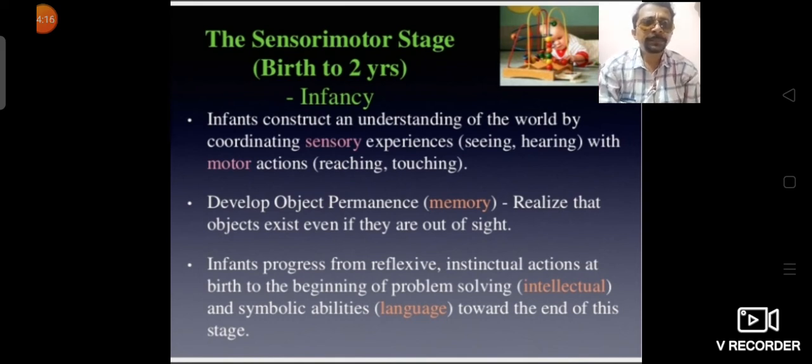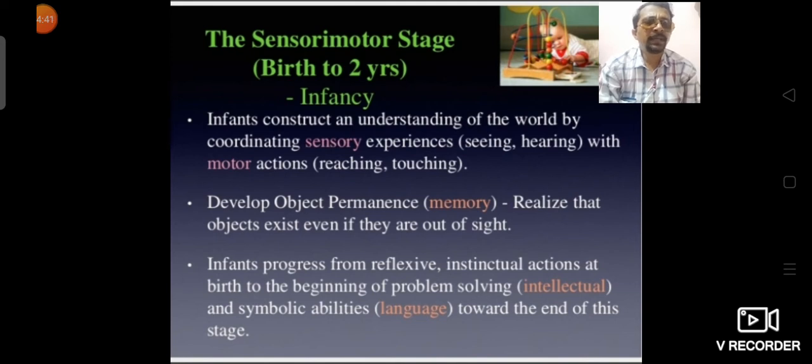But students, in this first period, the next development in the last stage, you can generally observe, is the development of language or symbols.